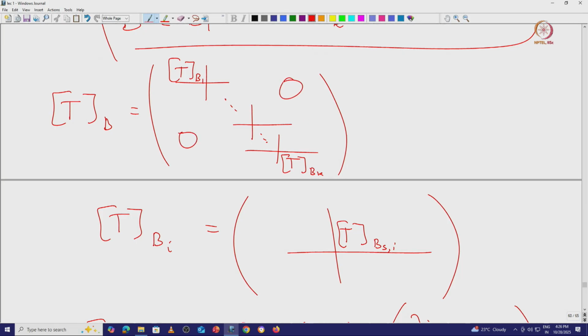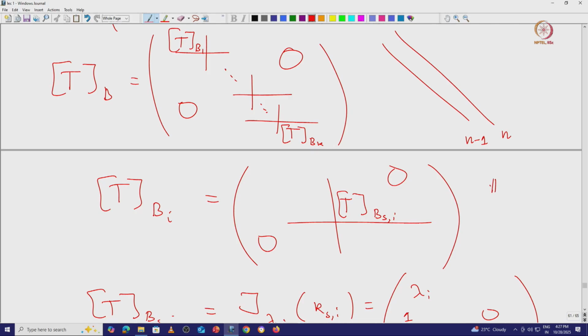Everywhere else is 0 and only the blocks matter, and only the diagonal entries and the entries just below the diagonal can be non-zero. The diagonal has n entries and the first off diagonal below it has at most n minus 1, so the total number of entries is at most 2n minus 1, which is linear in n.